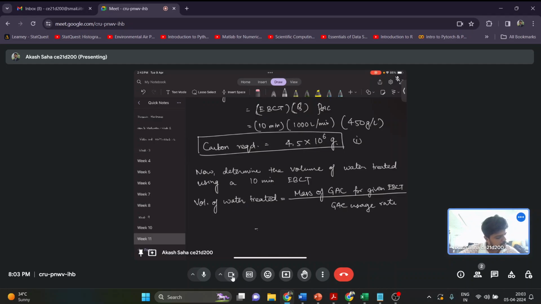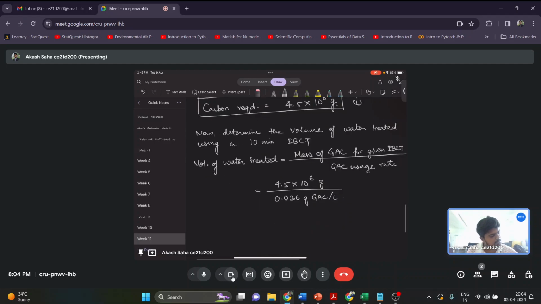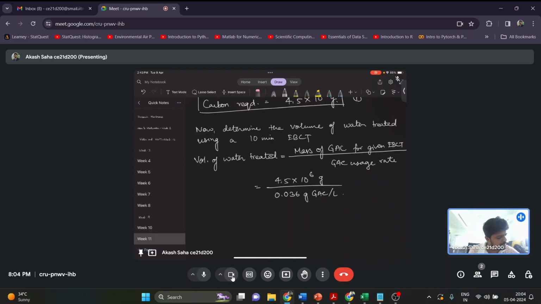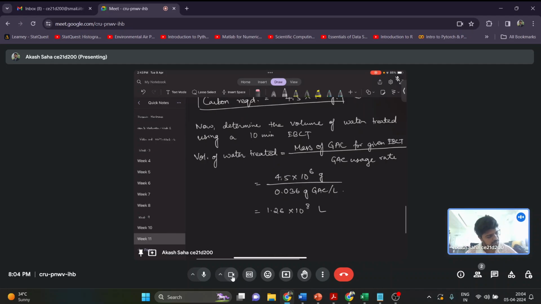Okay, so the mass of GAC we have just calculated, and the usage rate, as we all know, 0.036 gram GAC per liter. So this is the GAC usage rate we have calculated in the first part. So we'll get it as 1.26 into 10 to the power 8 liter. So this is the volume of water. So the total mass divided by the usage rate, we will get the total volume of water treated.